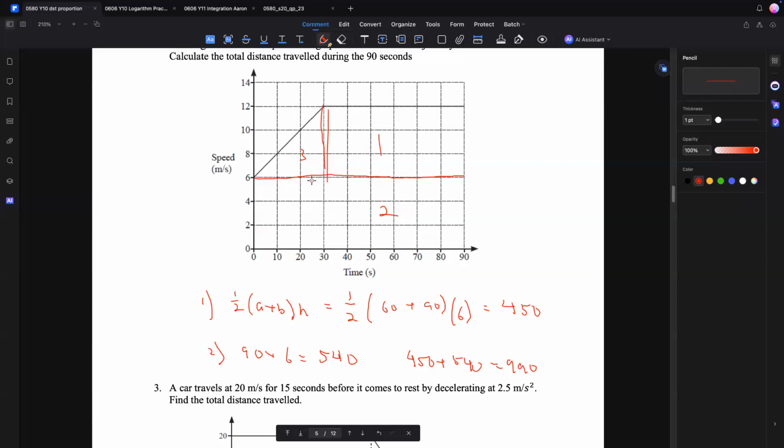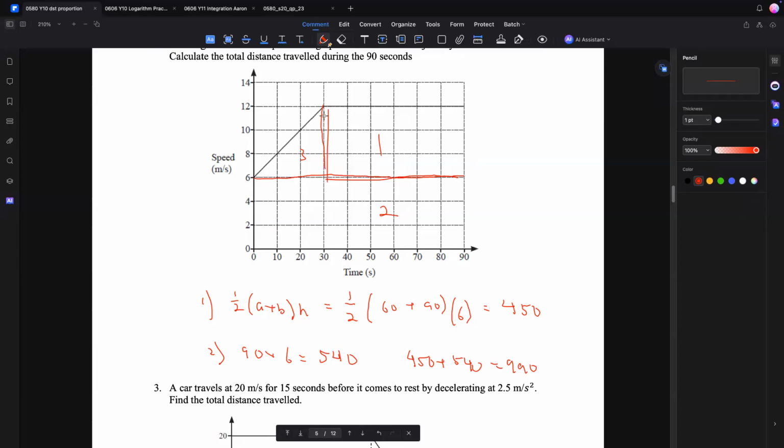And then your rectangle here is 6 times this line, which is 90 minus 30, so 60. So 6 times 60. For 30 times 6, that is 180, and 180 divided by 2 is 90.